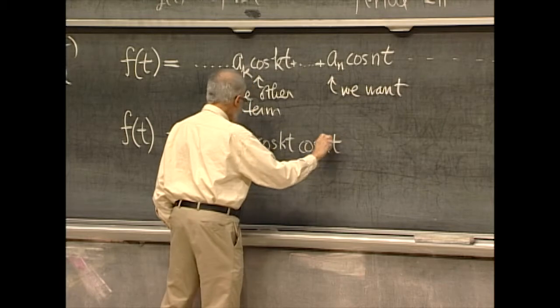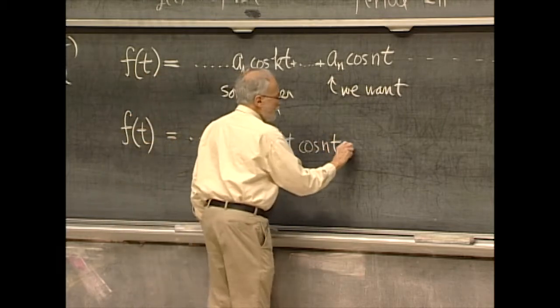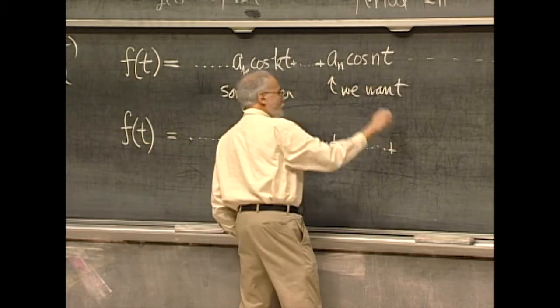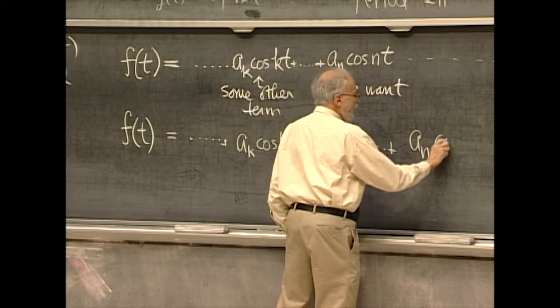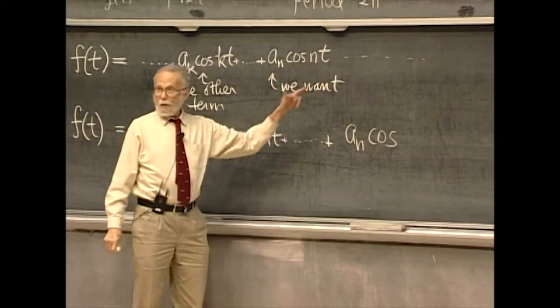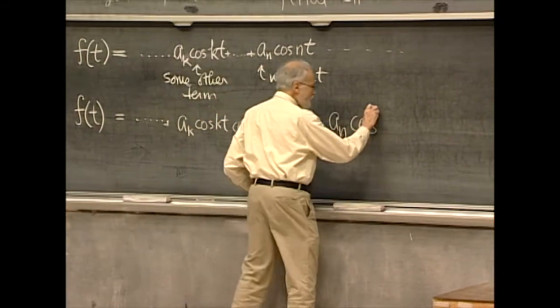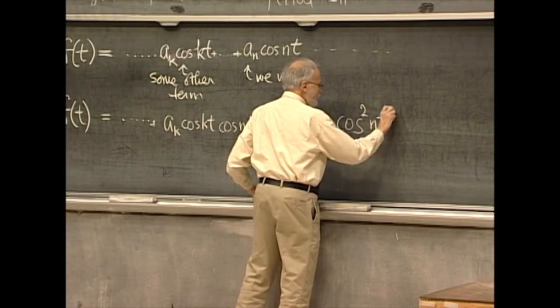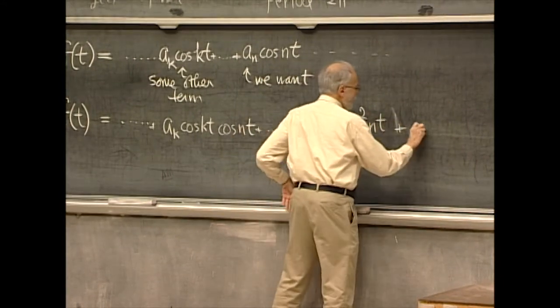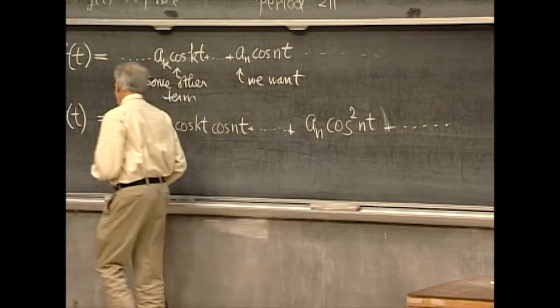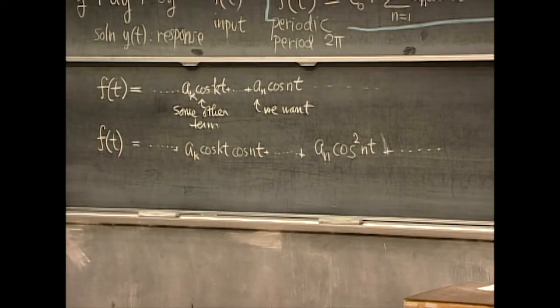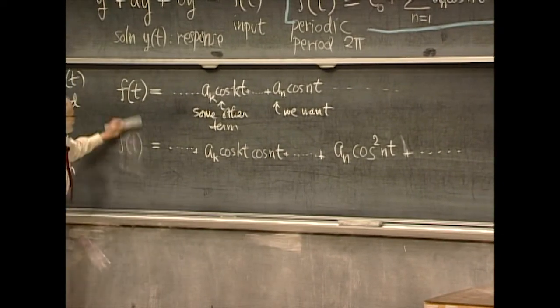Of course, that gets multiplied too. But the one we want also gets multiplied, an, and it becomes, when I multiply by cosine nt, cosine squared nt. And now, I hope you can see what's going to happen. Oops, I didn't multiply the f of t. Sorry.